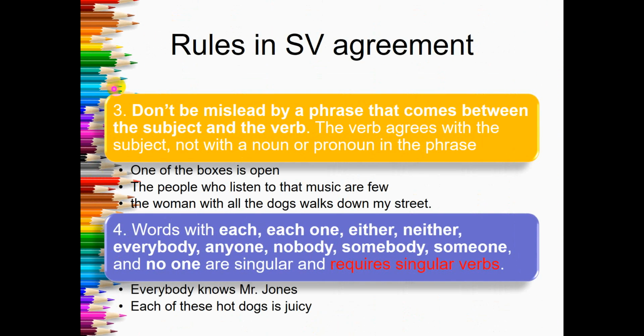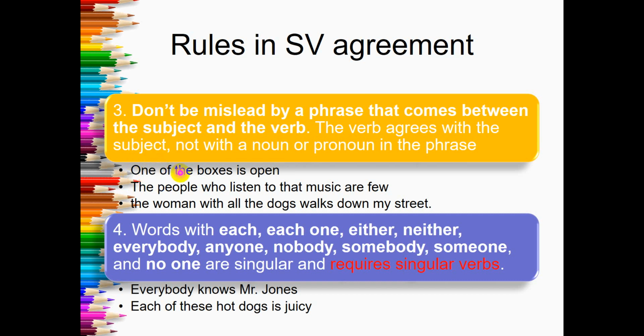Rule number three, this is the most important thing: don't be misled by a phrase that comes between the subject and the verb. Sometimes we find sentences that have additional information like this. One of the boxes is open. Of the boxes is a prepositional phrase that gives more information to the word one.